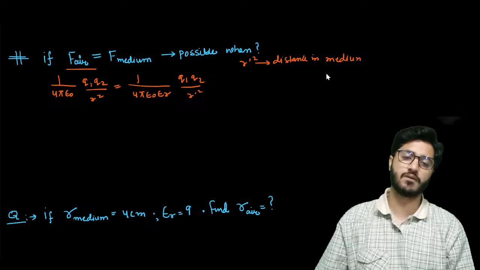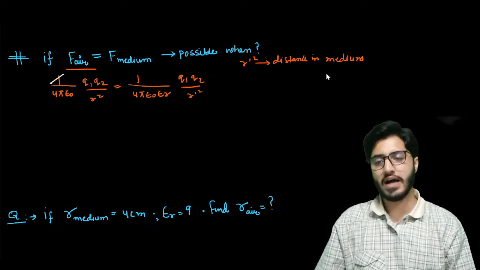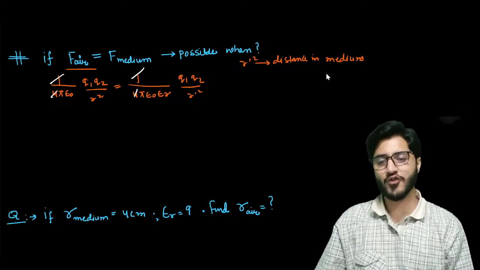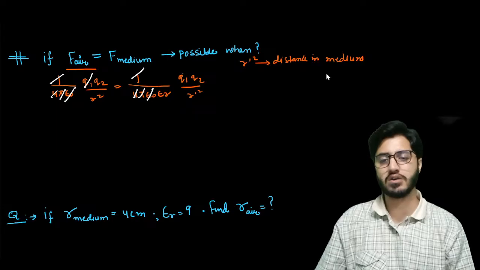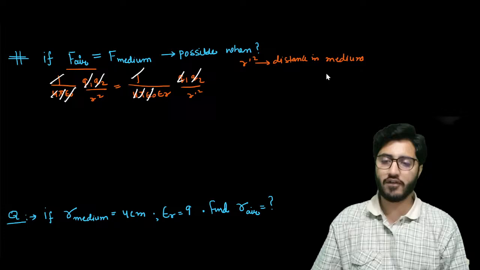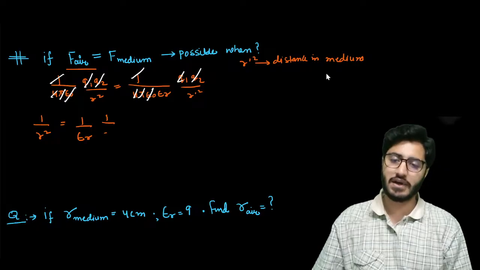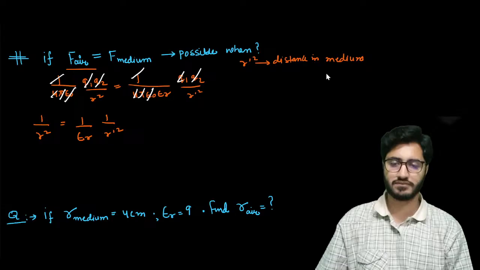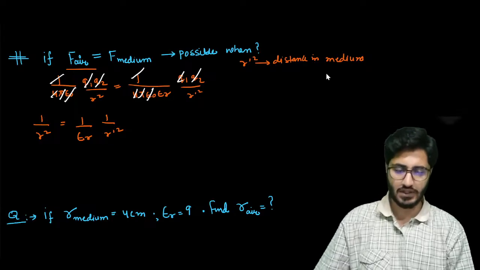Now look, 1 over 4 pi epsilon naught Q1 Q2 cancel out. Then what I have is 1 over R square equals 1 over epsilon R times 1 divided by R dash square.